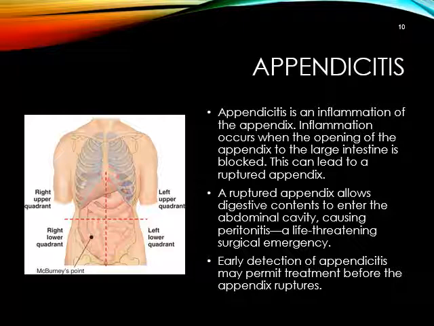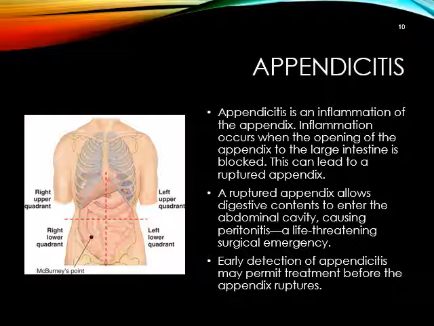Rumor is the appendix was for meat eaters, back in the caveman days, but we still have the appendix. Maybe it was larger then. Now it's just a small appendage. It's in the right lower quadrant of the abdomen, right where the small intestine meets the large intestine. That's where the appendix hangs out, literally.